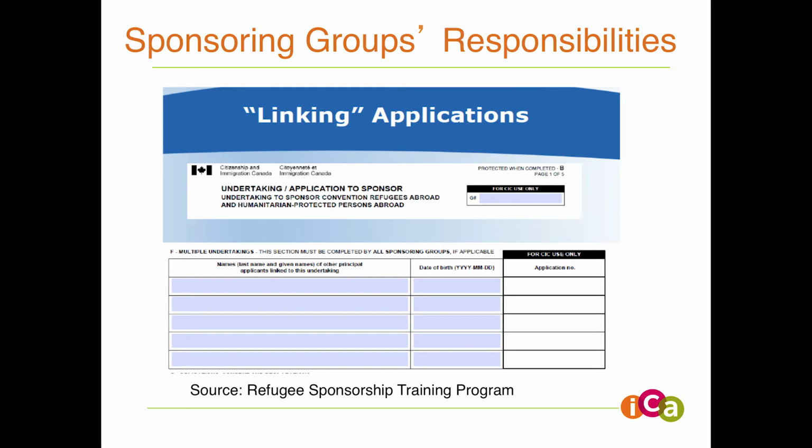So if we've submitted, for example, one case where there's a core family, father, mother, and 5 children, and one of the children is 19 years old. So what we have to submit is a full application package for father, mother, and the 2 children, and then a separate full application package for that 19-year-old person. And then we link these files together here. We say these people need to be resettled together.